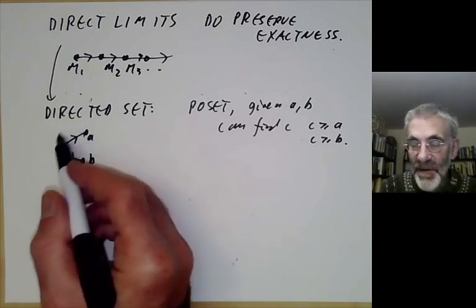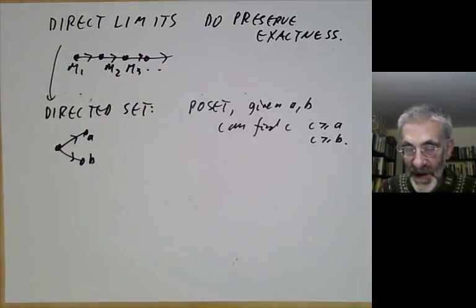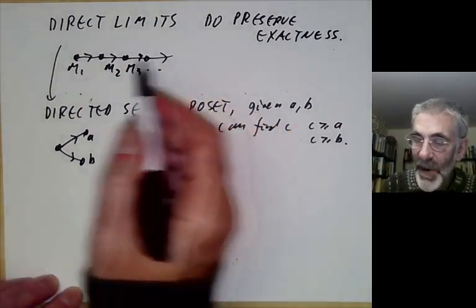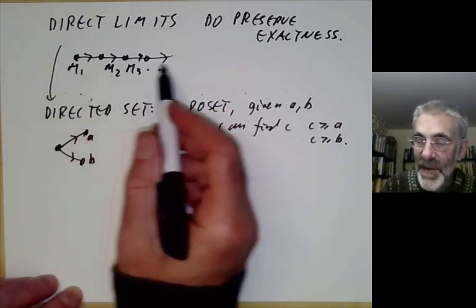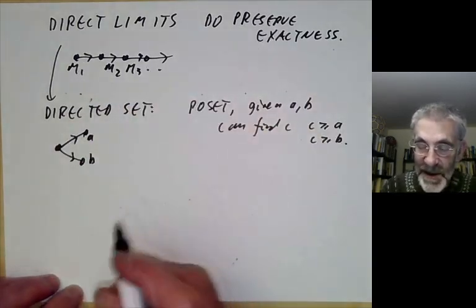So this was the example of a push-out, and as we saw, that doesn't preserve exactness. And what we're going to do is show that if we take a direct limit over a directed set, then this does preserve exactness.